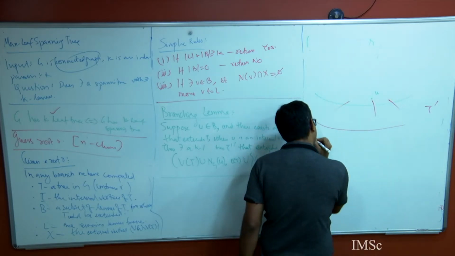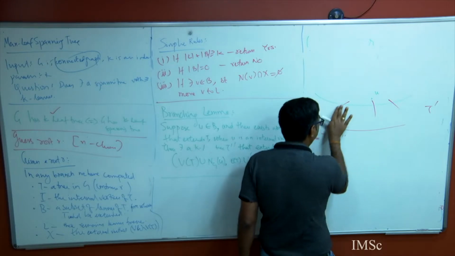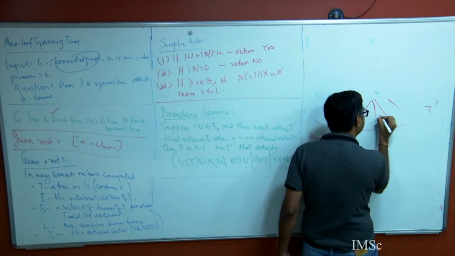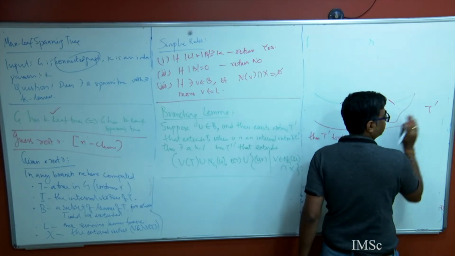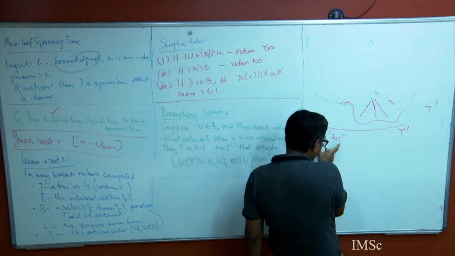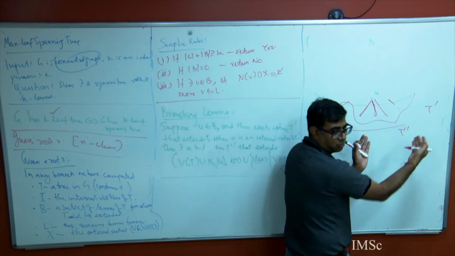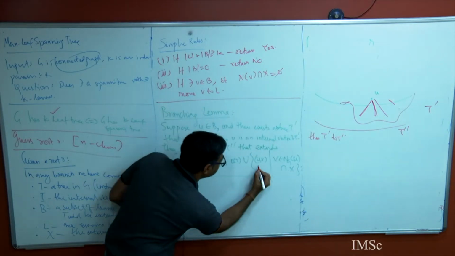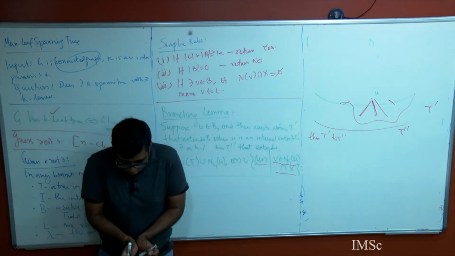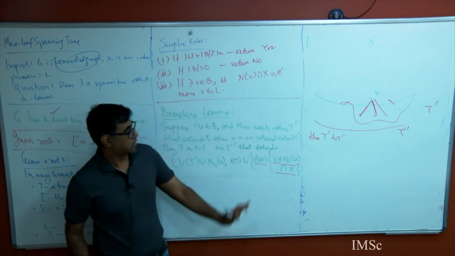Then I can extend T prime to T double prime by looking at all the neighbors of U and including them. I get another T double prime with the same number of leaves, but I use all the edges incident to U and unexplored vertices, UV where V is in N_G(U) intersection X.